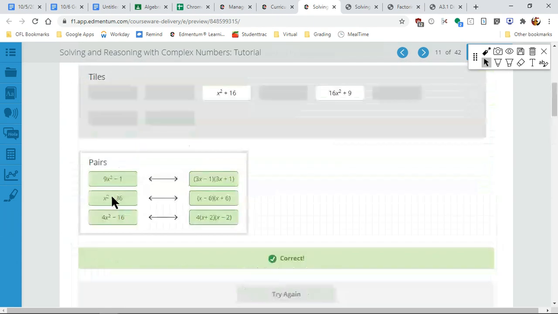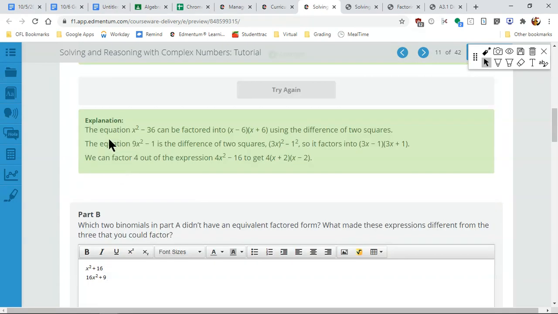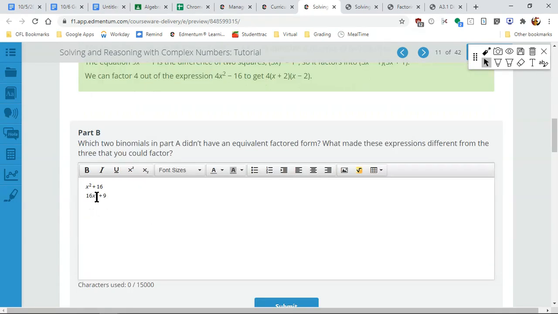All of these have been difference of squares, DOS, DOS. If we look at these ones, they are sum of squares, SOS. We need help. What made these different from the other ones?